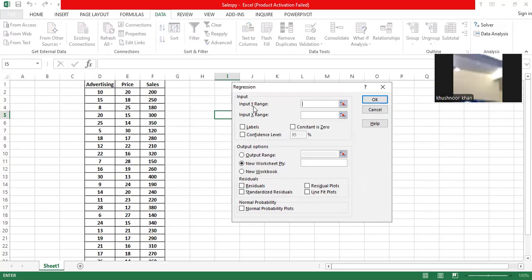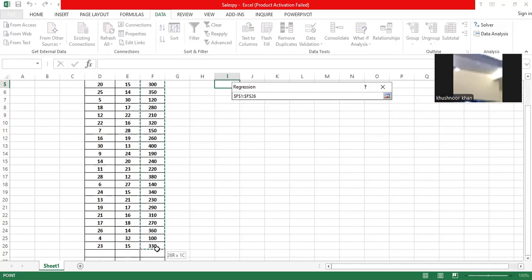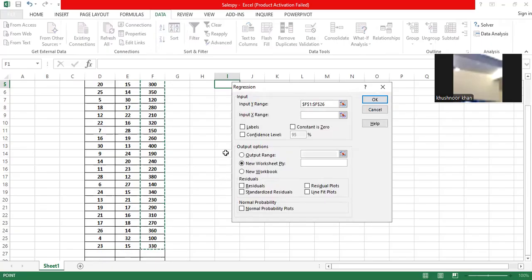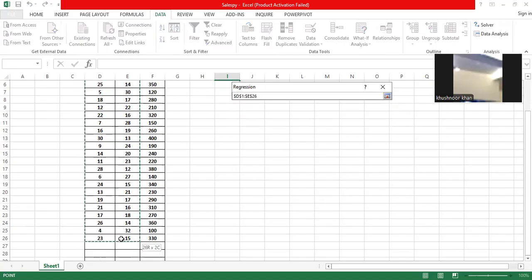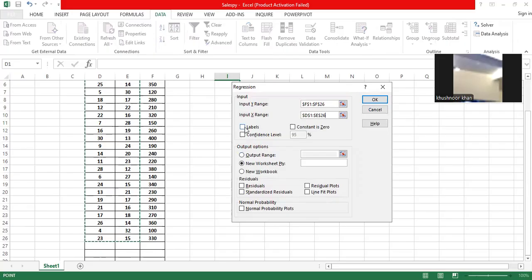First, it needs the input Y range. Y means the dependent variable. So you will highlight the Y values with the name of the column. And then the second is the input X range. You will input both the independent variables at the same time. And you are going to click here that the labels are included.